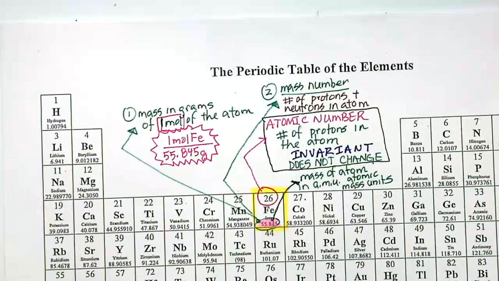Yes, 26 is the number of protons. But what is the number of protons and neutrons together? 55.845. 1 mole of iron contains how many grams of iron? 55.845. How much does iron weigh in terms of atomic mass units? 55.845. So I think I will end class now. It's a good time.